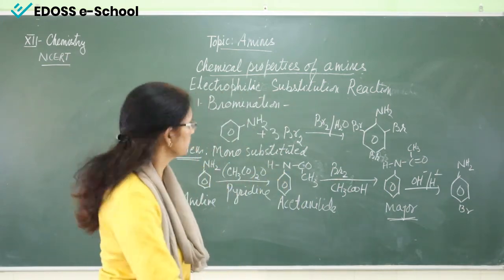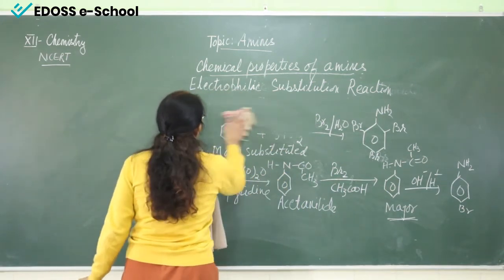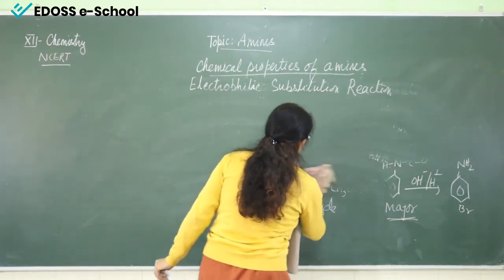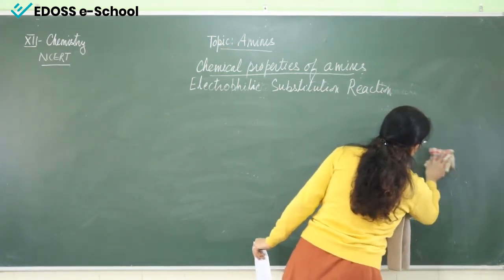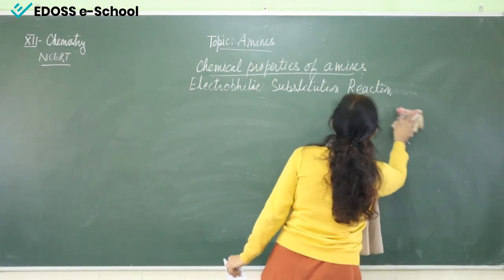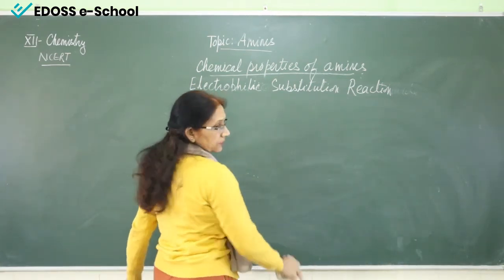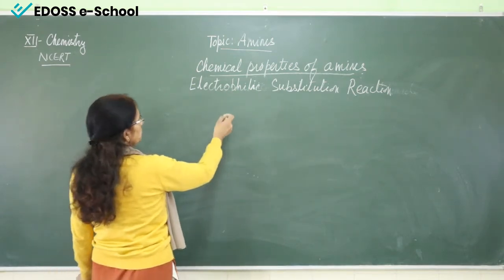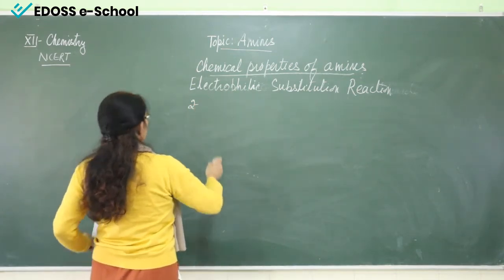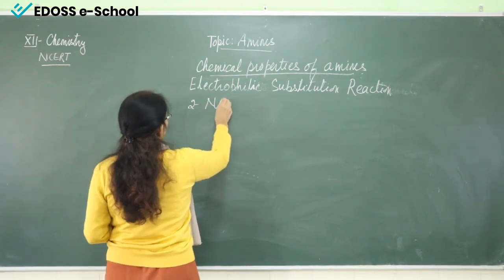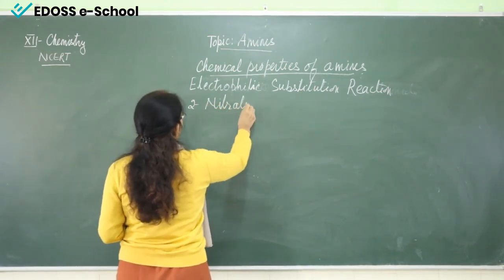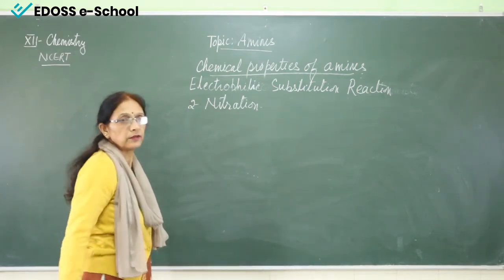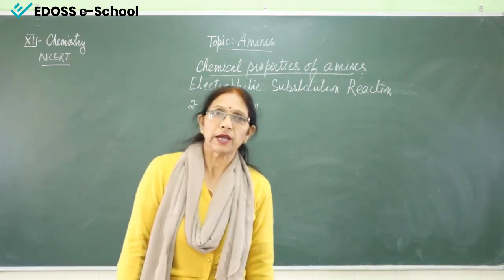Now the next reaction is nitration. First was bromination of electrophilic substitution, now second is nitration. Nitration means when we react with nitric acid.